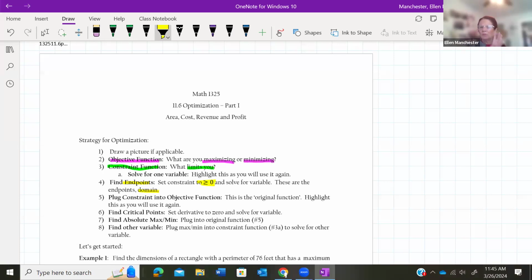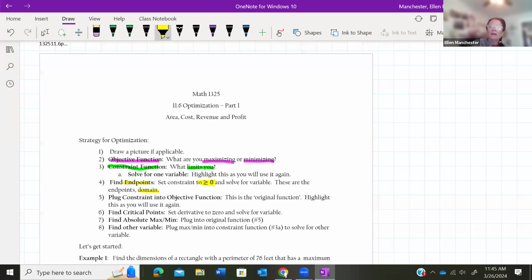I can only work in the positive realm, so think about being only in that first quadrant. Then you're going to plug your constraint into the objective. This gives us a very specific objective function with a very specific constraint. It's only going to work with this set of information.